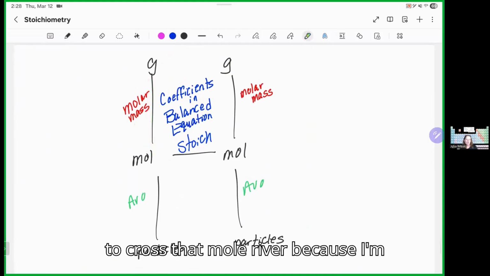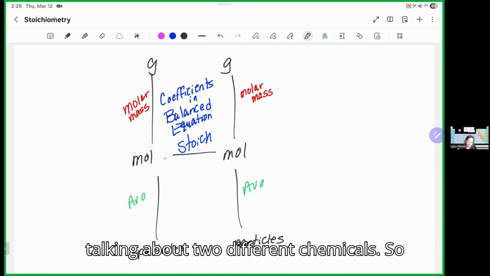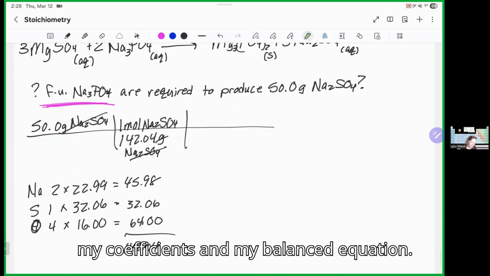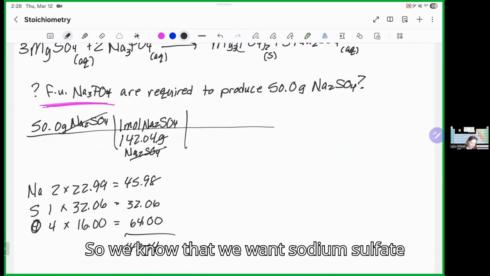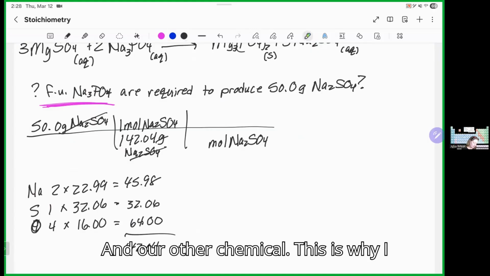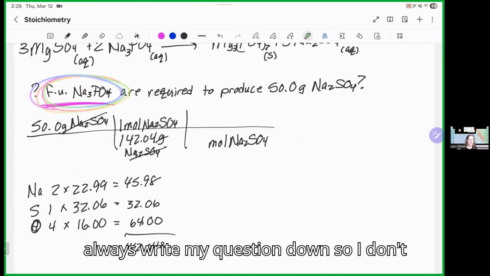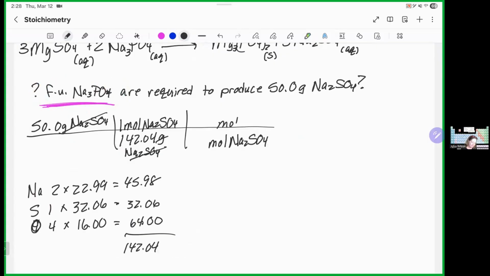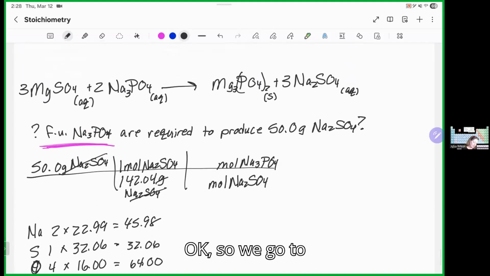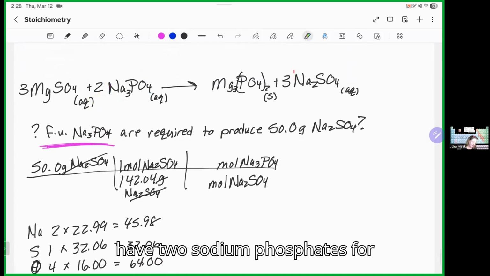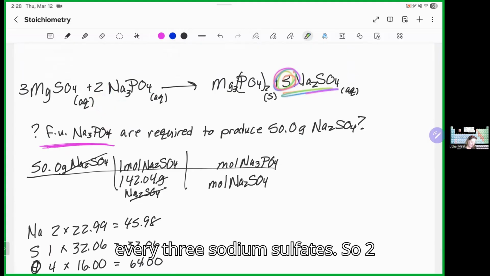Now I have to cross that mole river because I'm talking about 2 different chemicals. So I'm going to cross the mole river using the coefficients in my balanced equation. We know that we want sodium sulfate on the bottom to cancel, and our other chemical, this is why I always write my question down so I don't have to go back and read my problem, sodium phosphate on the top. So we go to our balanced equation, and I have 2 sodium phosphates for every 3 sodium sulfates.